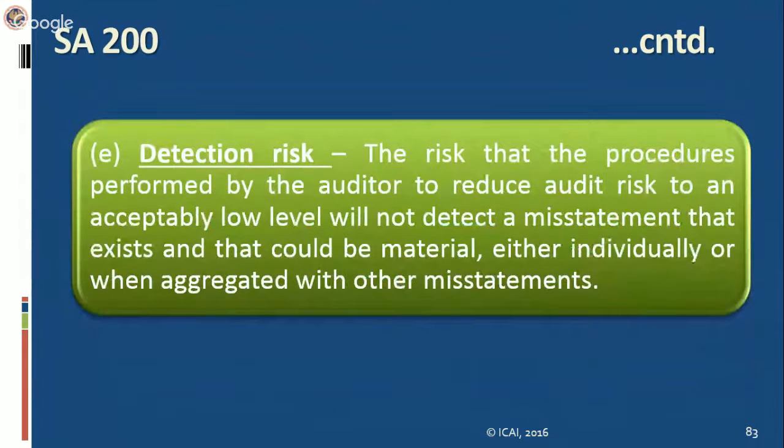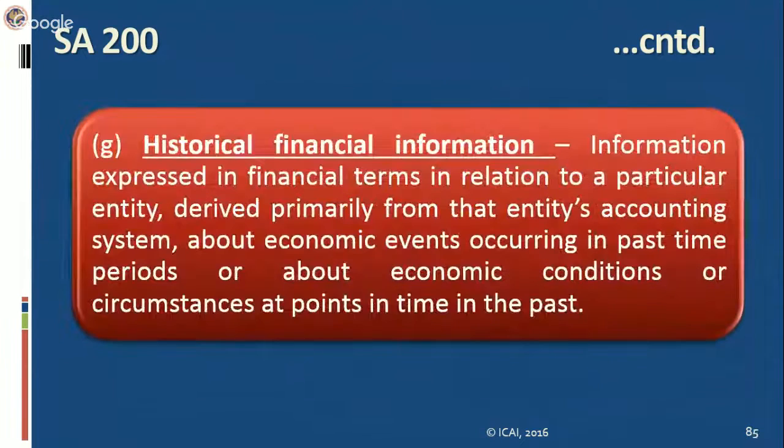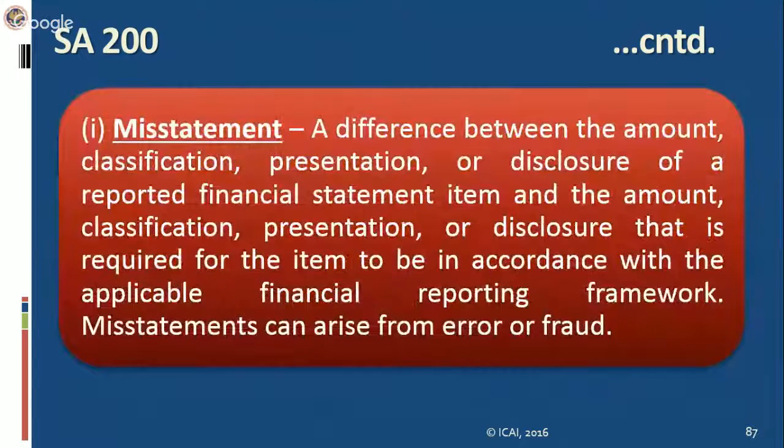Then detection risk. What is it? It means the procedures adopted by the auditor will not function and will not detect the misstatements contained in the financial statements. This is the detection risk. Then misstatement, as I was telling you, is the difference between what is stated and what is required to be stated.